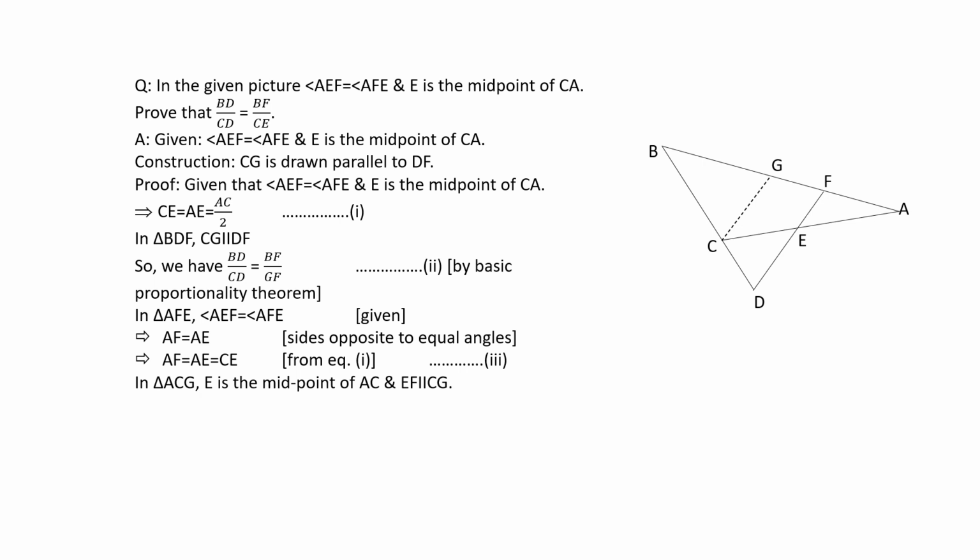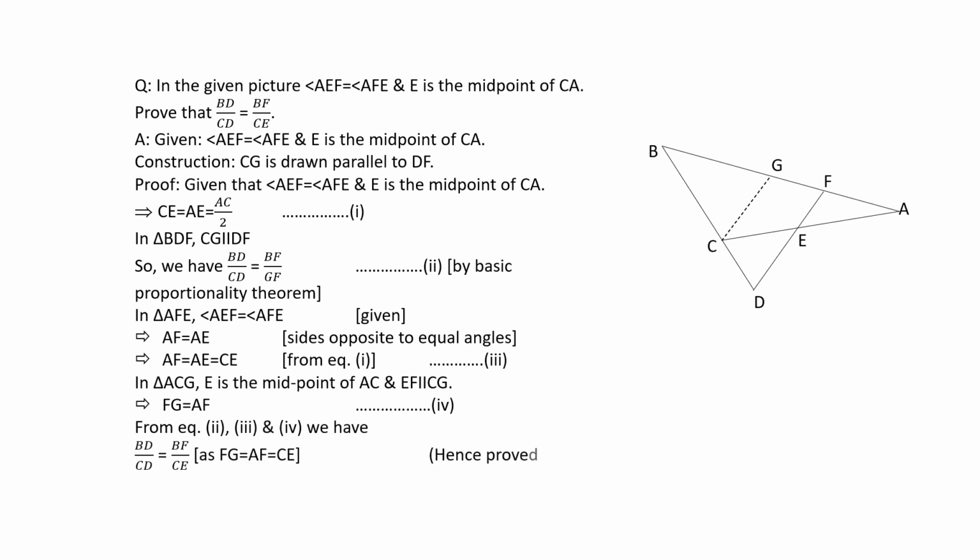Now in triangle ACG, E is the midpoint of AC and EF is parallel to CG, so this implies FG equals AF. Let this be equation 4. So from equations 2, 3 and 4 we have BD by CD equals BF by CE, as FG equals AF equals CE. Hence proved.